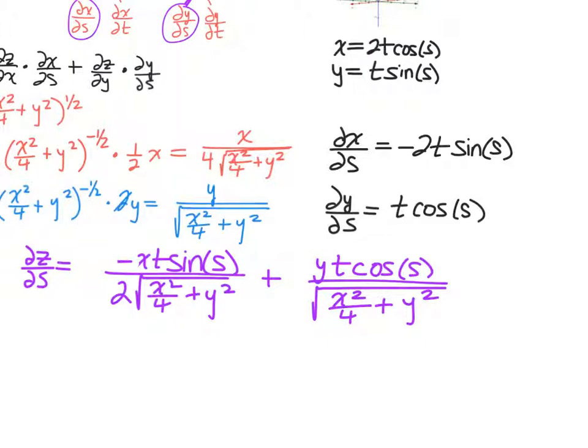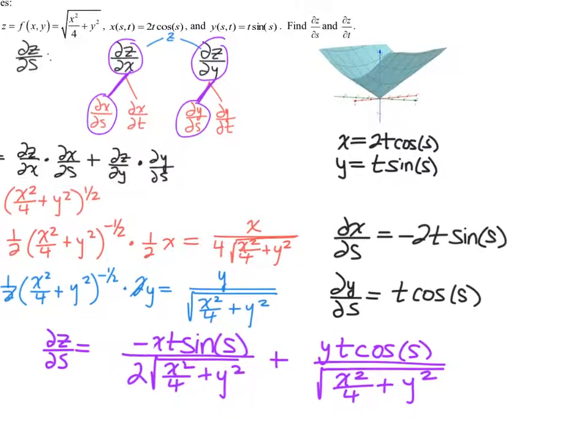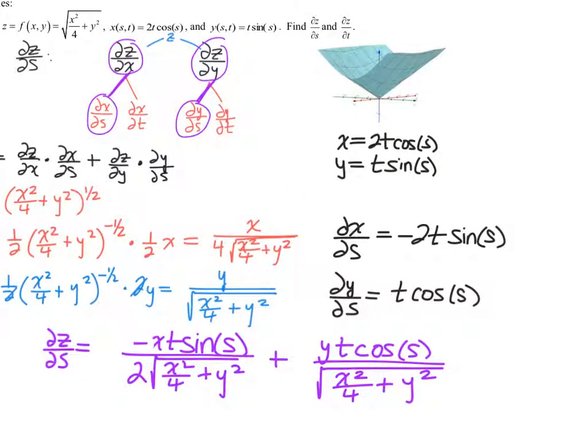But you can be satisfied with the knowledge that had you gone back to the beginning, substituted into the original function, basically replacing your x's and y's with 2t cosine s and t sine s, simplified, cleaned it up, and taken the partial derivative of that with respect to s, you would have gotten something equivalent to this answer.